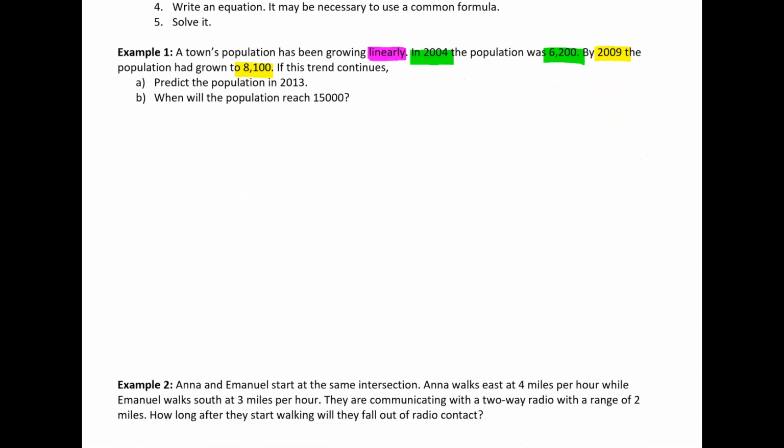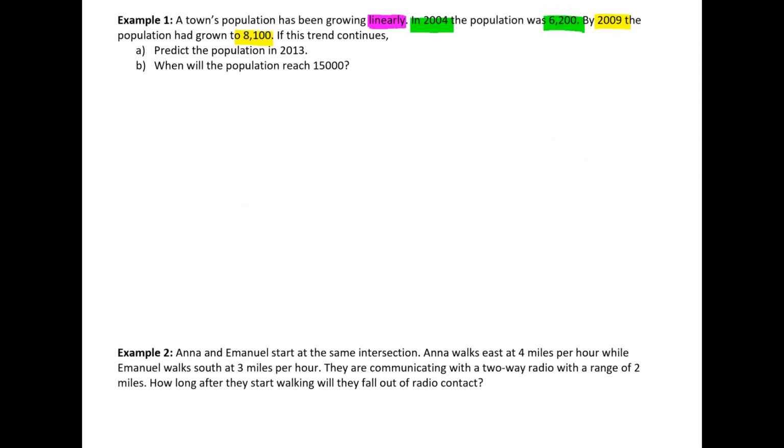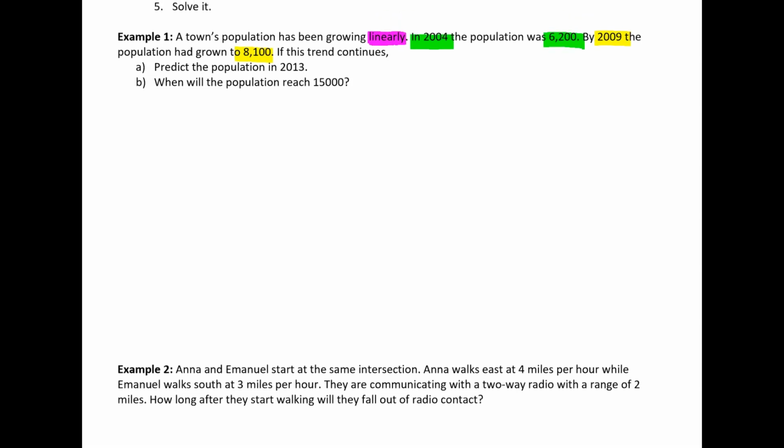So let's scroll up and look at our information and see how they're giving it to us. First of all, they've given us two pieces of information: that in 2004, it was 6,200, and in 2009, it was 8,100. Whenever you're working a problem with years, you're always going to have some kind of base year. Rarely are you going to use that whole 4-digit number. Math people are lazy.